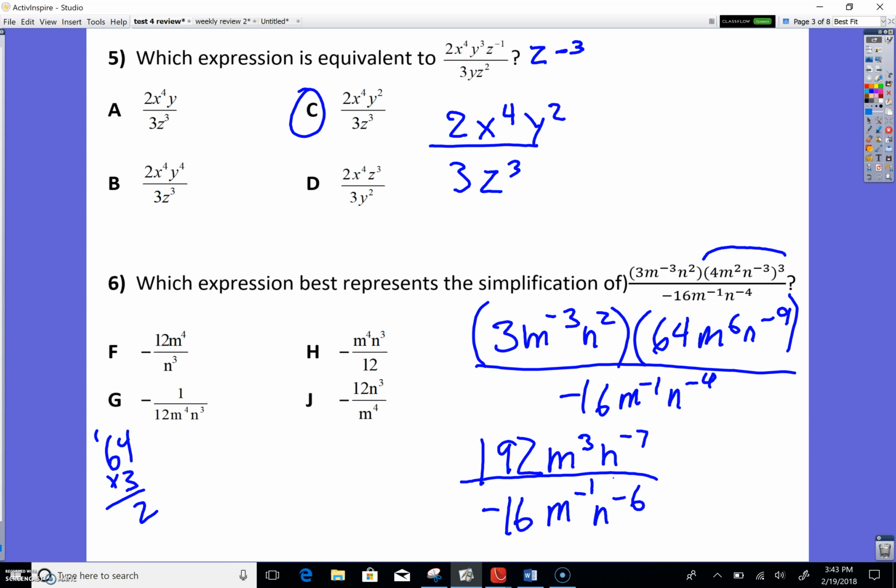192 divided by negative 16. I'm just assuming it's negative 12. 3 minus negative 1 is n to the fourth. Negative 7 minus negative 1 is negative 6, negative 1.